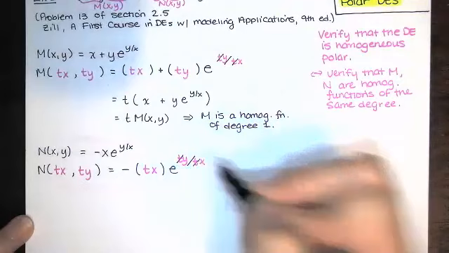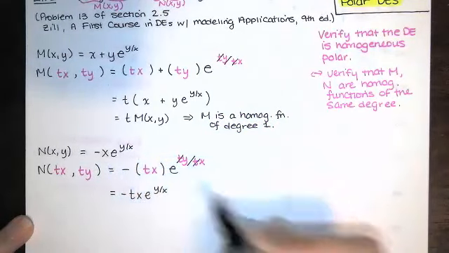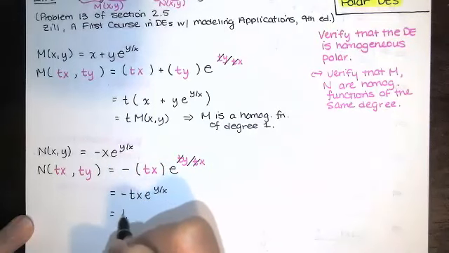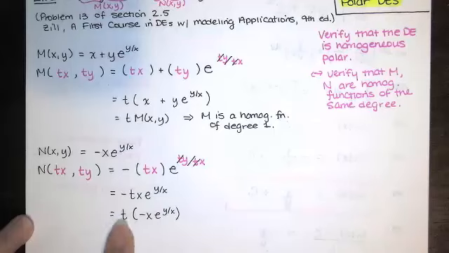Well, the t's reduce again. We end up with a negative tx times e to the y over x. And I can factor out that t. And I've got t times this. Well, that's the original function.